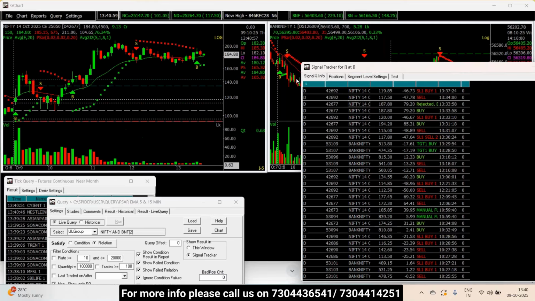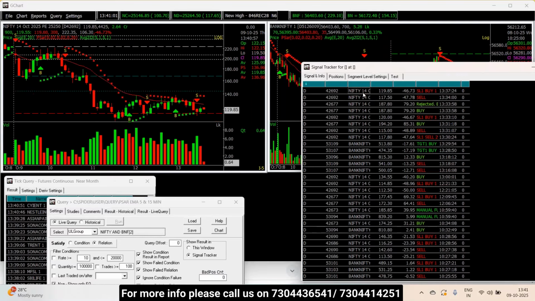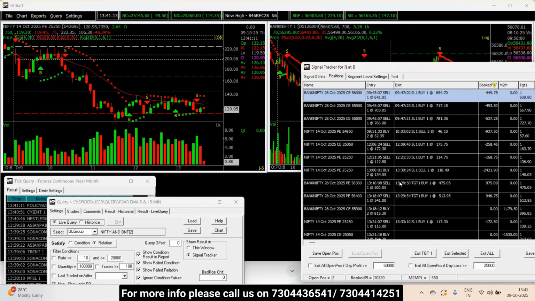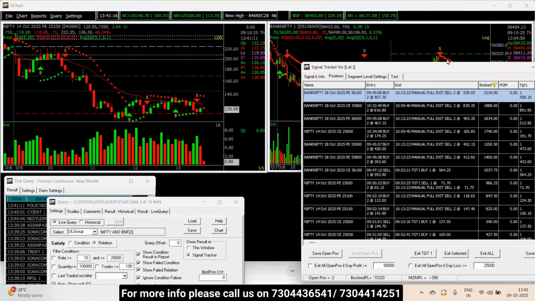The same signals are here. For example, here we got a sell at 134, and based on this the position will be taken. So this is about the algo.